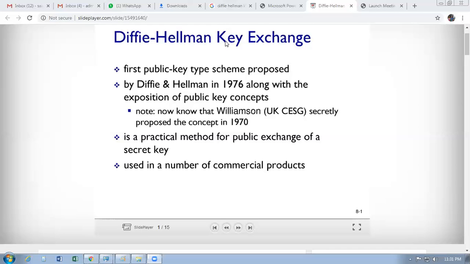That key must be secret. In order to securely share the key, you can use this algorithm. The main purpose of this algorithm is exchanging a secret key between the sender and the receiver. It was proposed by Diffie and Hellman in 1976.